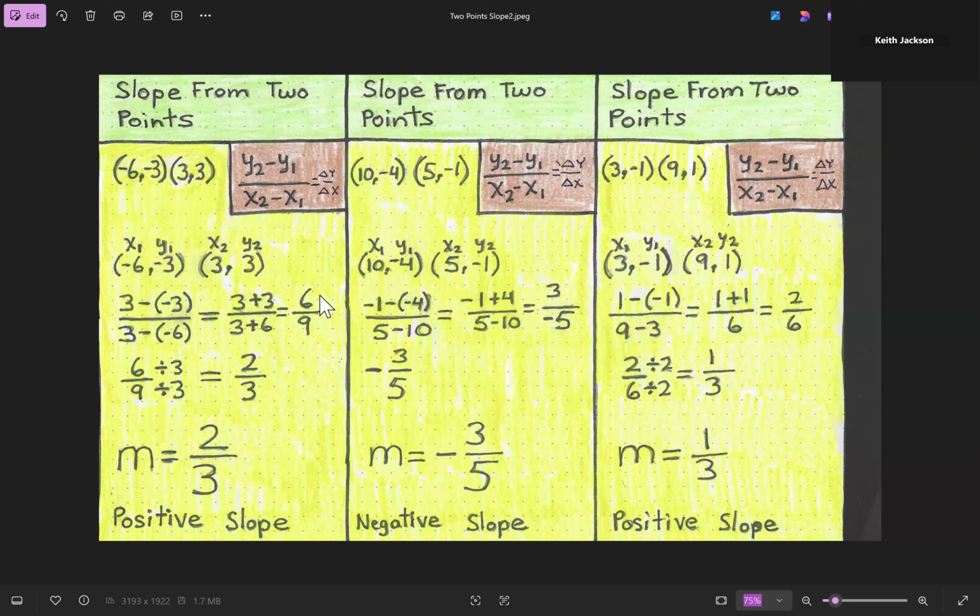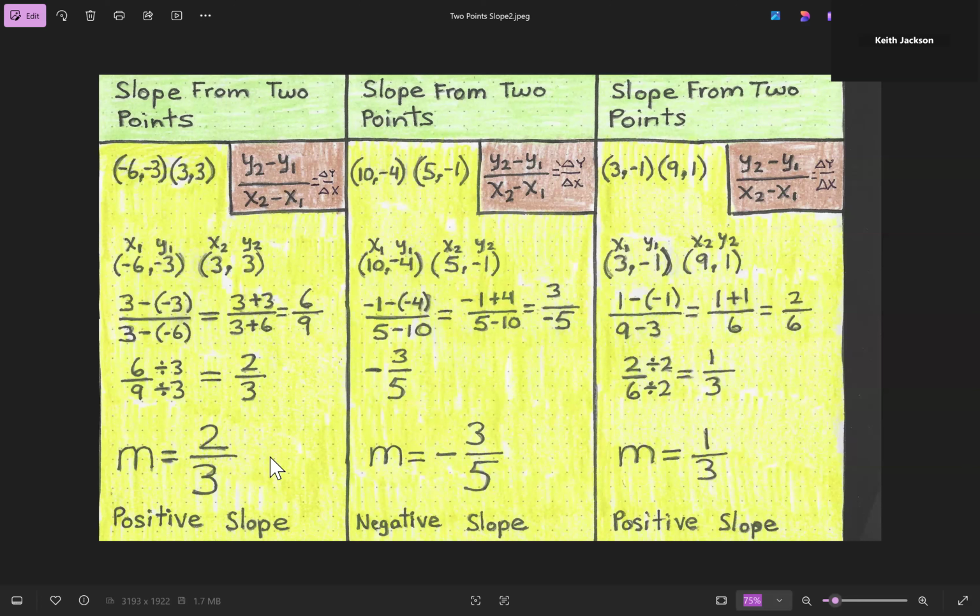And so our value will be 6/9, but we can simplify that if we divide both the numerator and the denominator by 3, which gives us 2/3. And so actually, our slope is 2/3, and that is a positive slope, meaning that it has a high right and a low left.